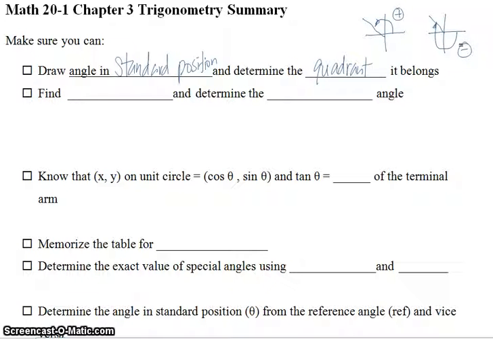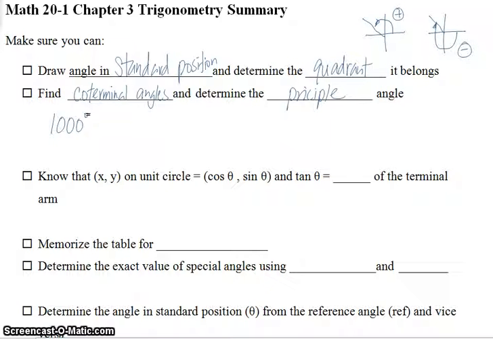Number 2, you want to be able to find the coterminal angles and determine the principal angle. If I give you angle 1000, for example, where is 1000?